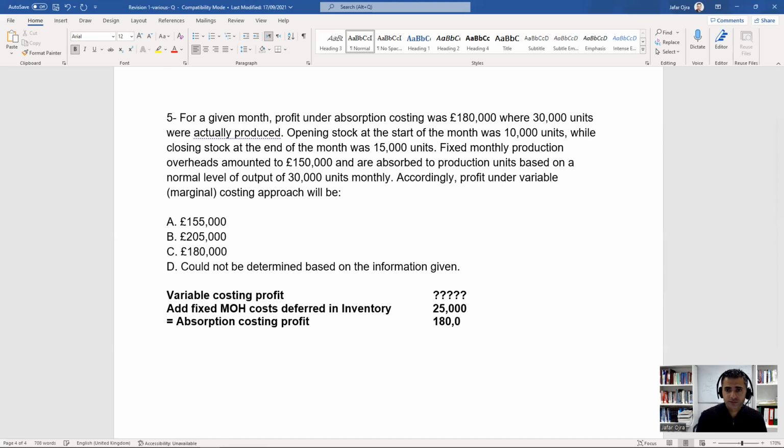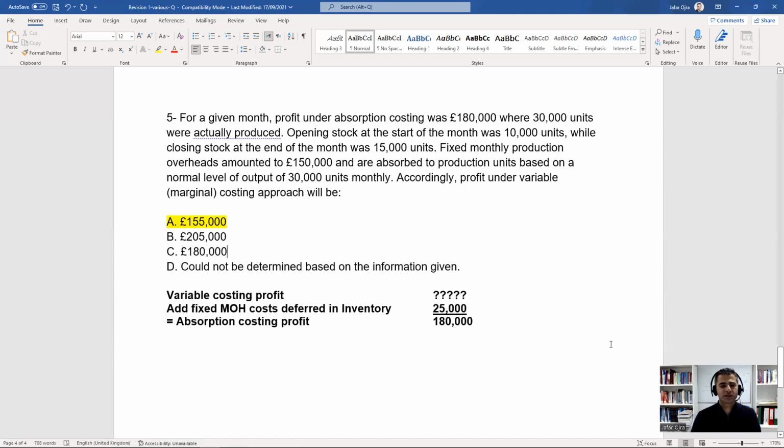So this plus this equals 180,000, which is absorption costing. In this case, the answer would be 180 minus 25 equals 155,000. The answer is A.